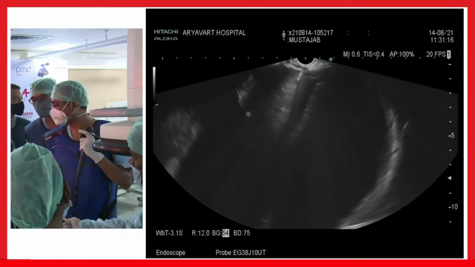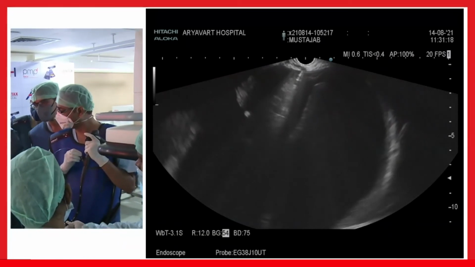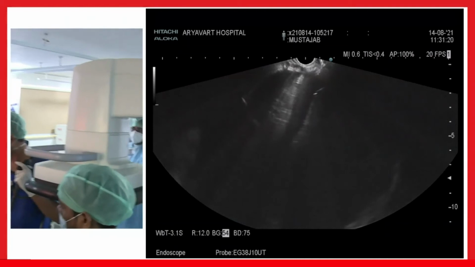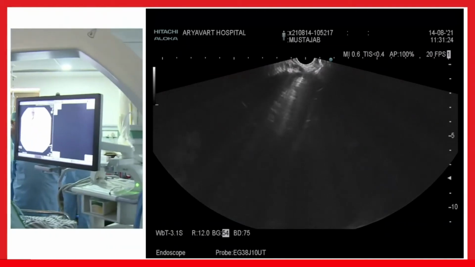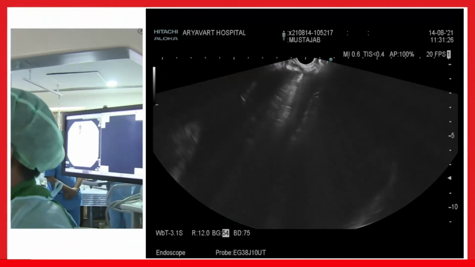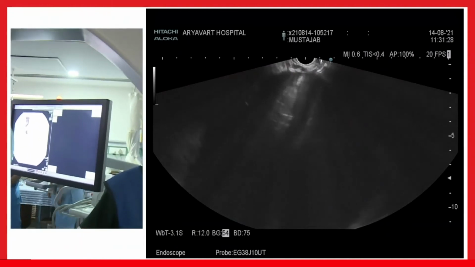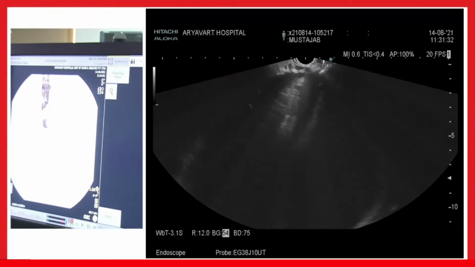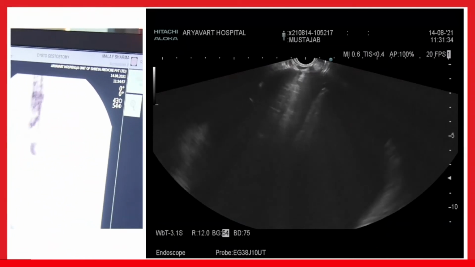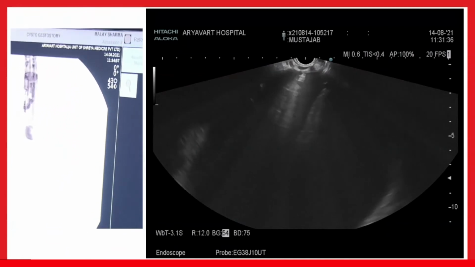Thirty seconds is enough. No, you have not inflated it. Fluoro. Inflate it. It is inflating, but there is still a waist left. The waist is still there.